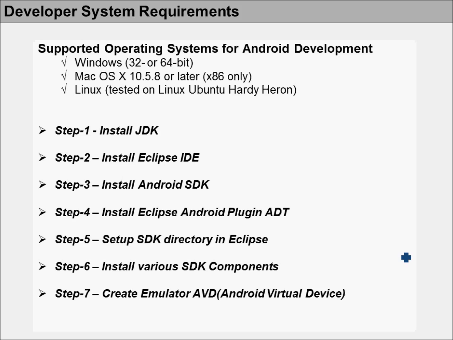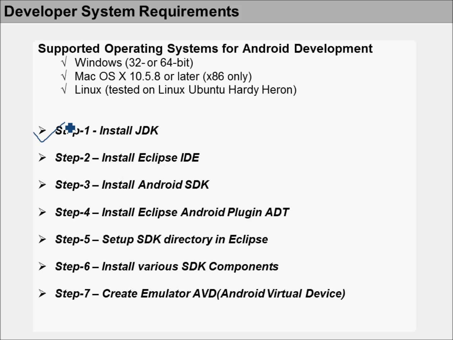Now to set up the SDK development environment, there are 6-7 steps. All of them are small steps, but generally I recommend that people please go sequentially like this so that your life becomes much easier. So the first step is to install JDK.